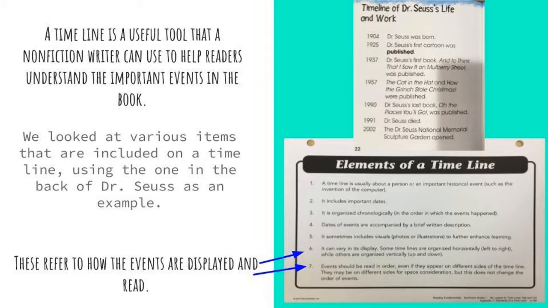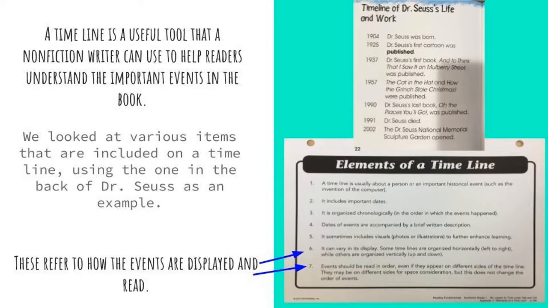So, as we learned here today, a timeline is a useful tool that a nonfiction writer can use to help readers understand the important dates in the book. We know that when we read a nonfiction book, there may be a lot of information at once. So, if we use the timeline as a text feature, we can really look back and see the important dates that the author really wants us to understand.